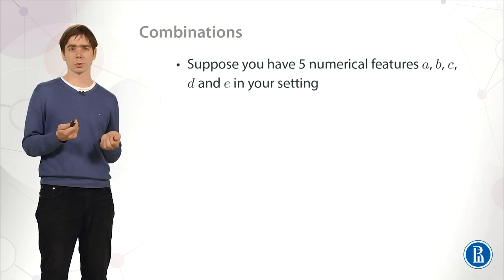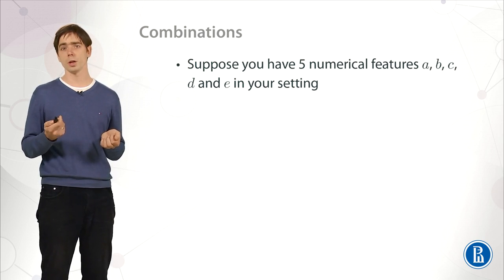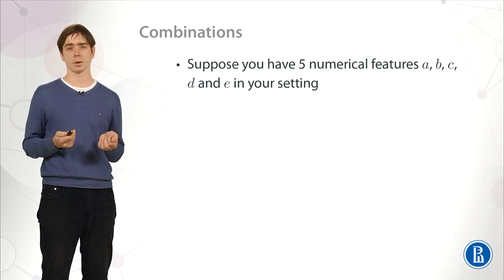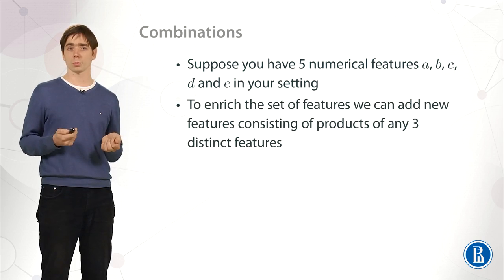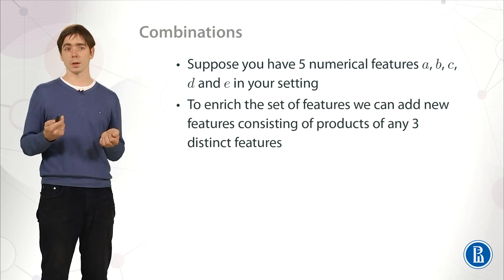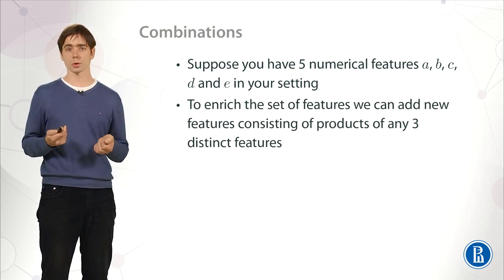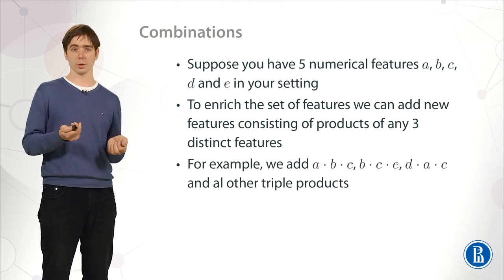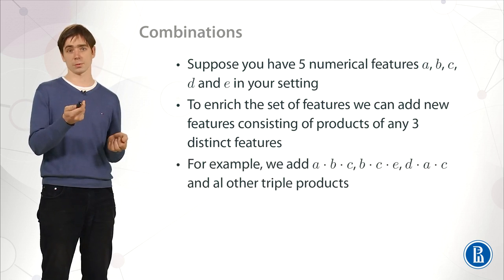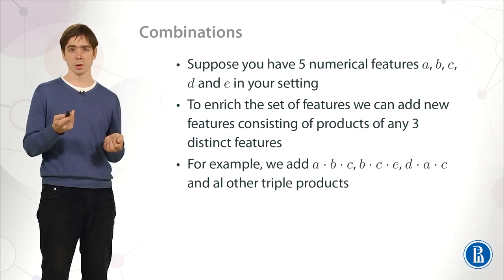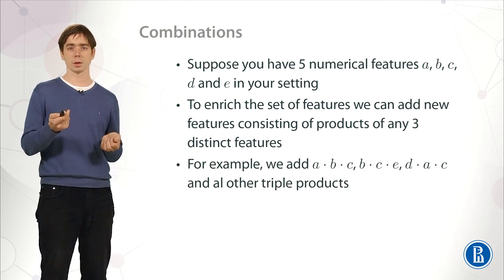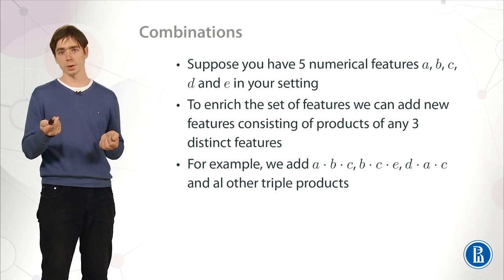Suppose, for example, you have 5 numerical features A, B, C, D, and E in your setting. Then what can you do? You can try to enrich the set of features by adding new features that consist of products of any 3 distinct features. So basically you are adding as new features A times B times C, B times C times E, D times A times C, and so on.